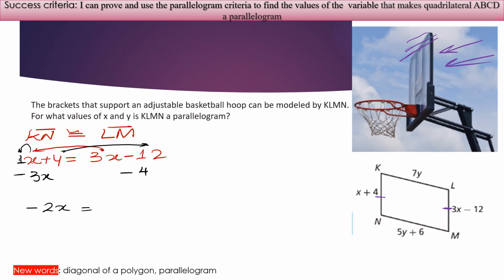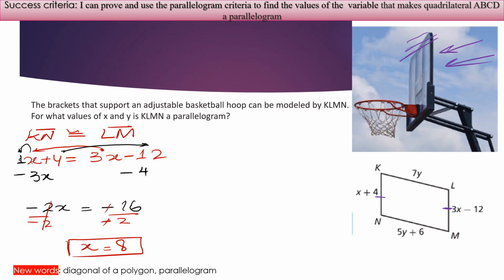Minus 12 minus 4 gives me negative 16. Divide both sides by negative 2 to find the value of x. The negatives cancel, 16 divided by 2, or you can use the calculator to get the answer. So my x value is 8.